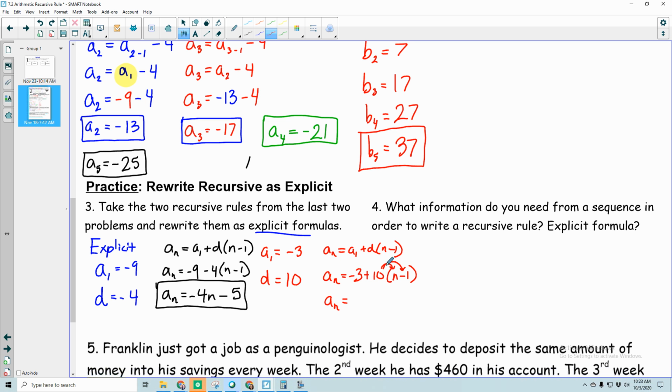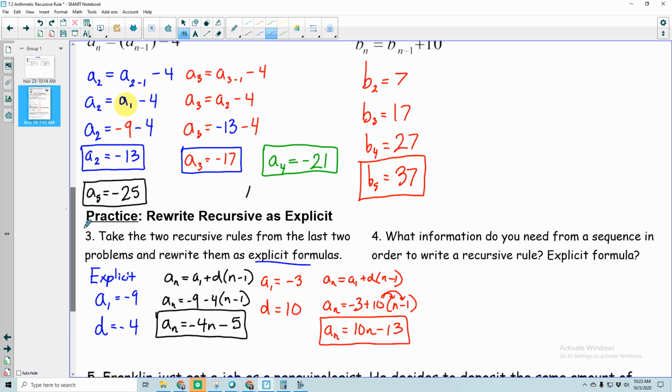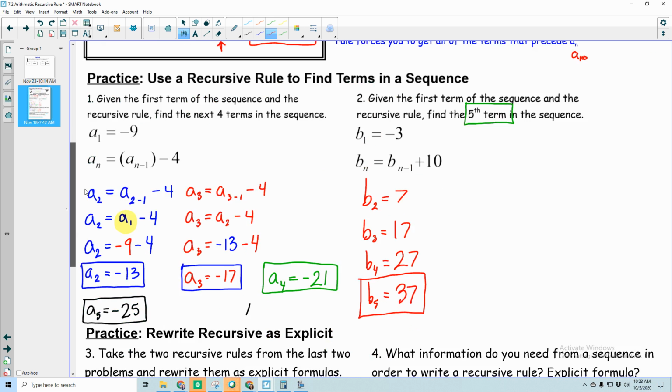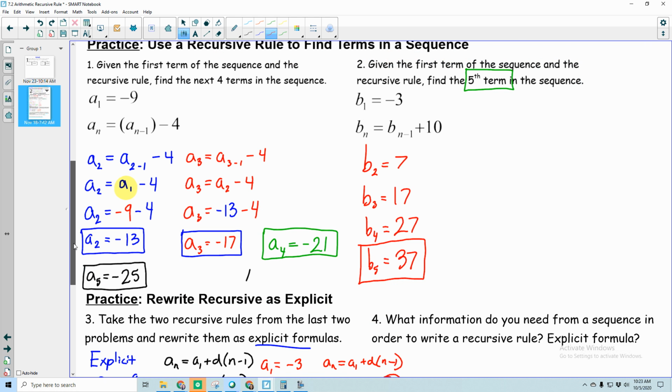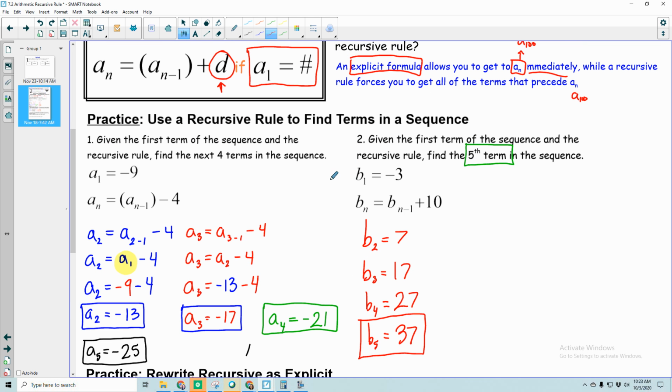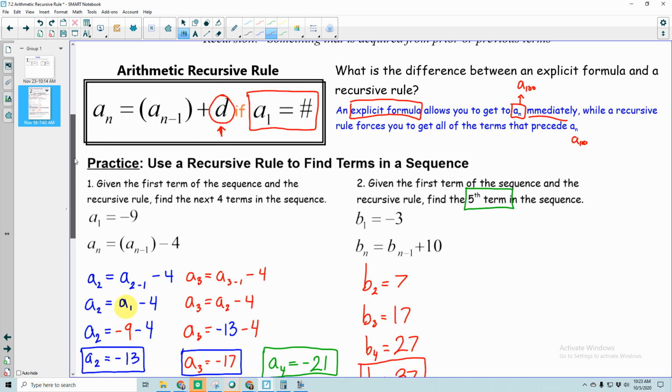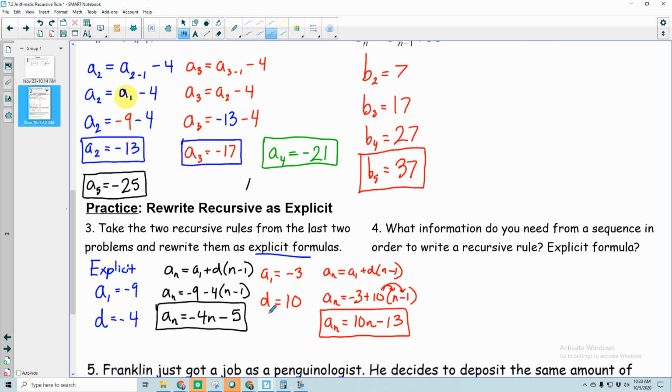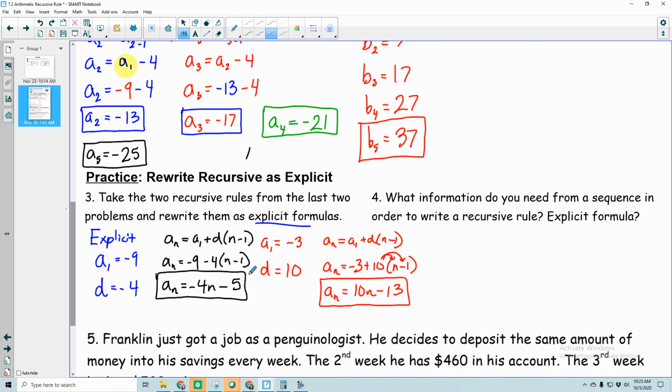Just distribute it here and here, so I get 10n, and that is -10, so -10 with -3 makes -13. And there we go, so that's our explicit formula. So this problem was just showing you how to take recursive rules, which are clunky, and turn them into wonderful explicit formulas, which are 10 times more useful.